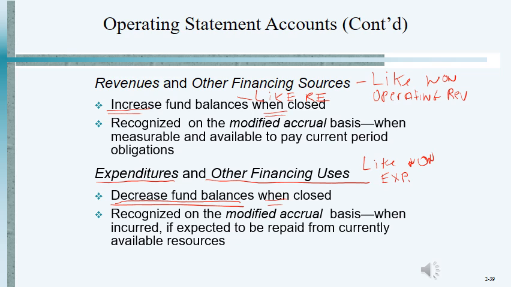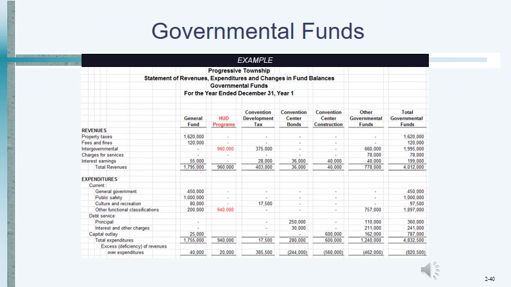The expenditures and other financing uses decrease fund balance. Okay, very important slide. I'm going to put a star on that. Make sure you're clear on how those items affect fund balance, because we'll make some closing entries later, and I'm going to expect you to understand how to make those closing entries into fund balance.